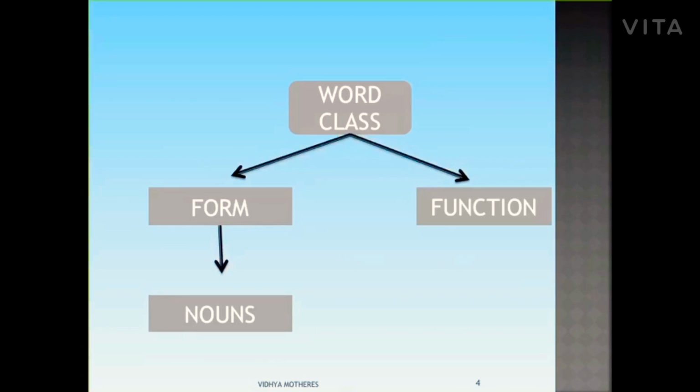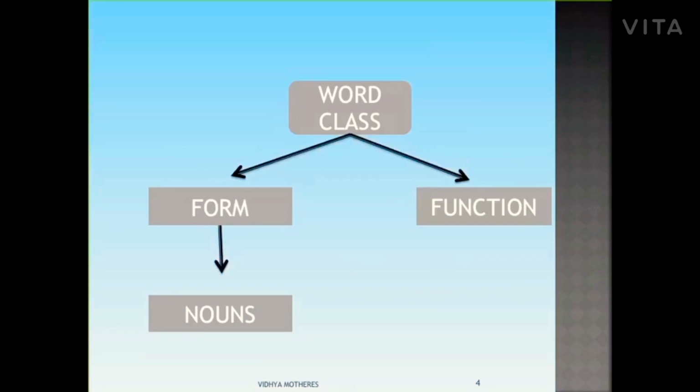Those 8 parts of speech which we saw in the earlier slide are actually broadly classified as form class and function class. The words in form class are well definable, whereas the words in function class, though they are less definable, their importance is more in order to make the sentence grammatically correct.